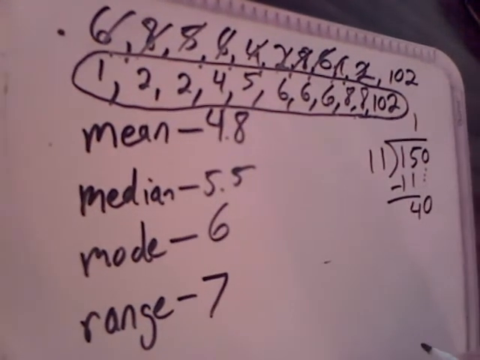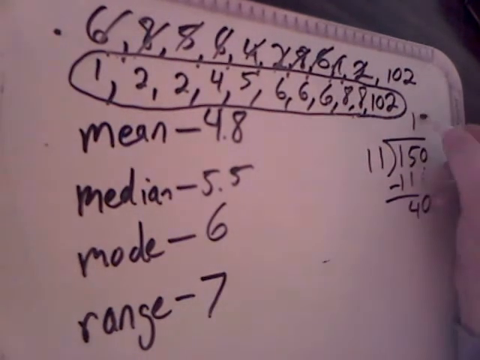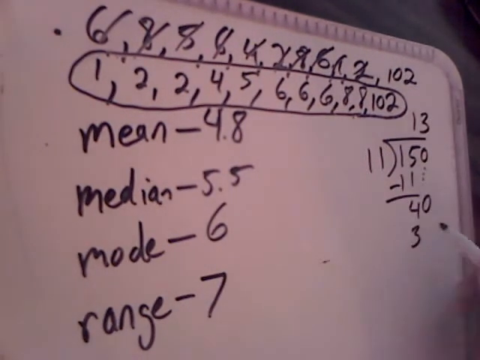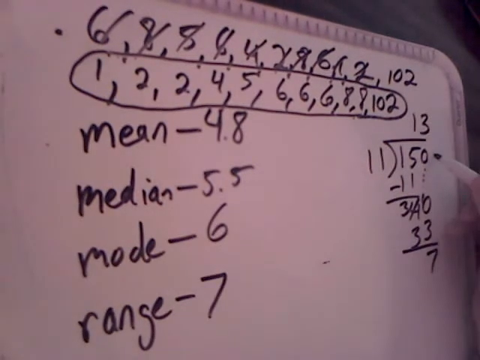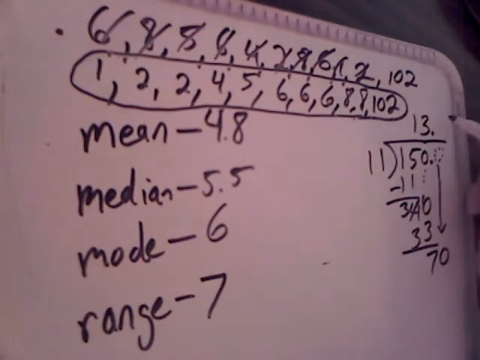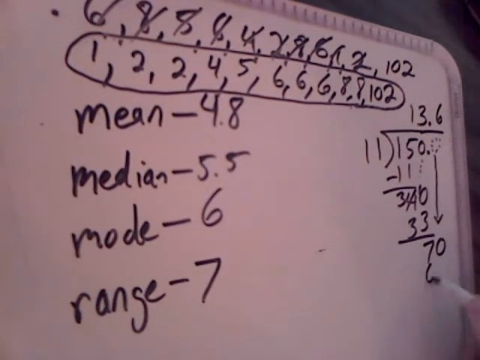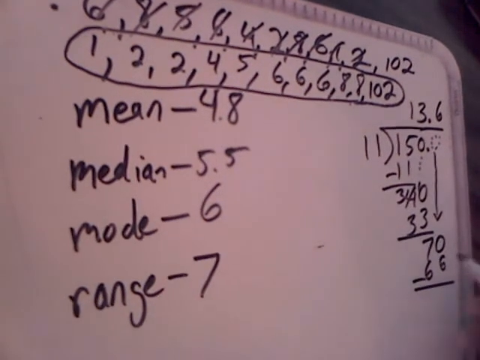Can 11 go into 40? 11 goes into 40 3 times. 11 times 3 is 33. Make sure we do our borrowing. And then we can see that's 7, so we'll need to put a decimal. Invisible 0. 11 goes into 76 times.